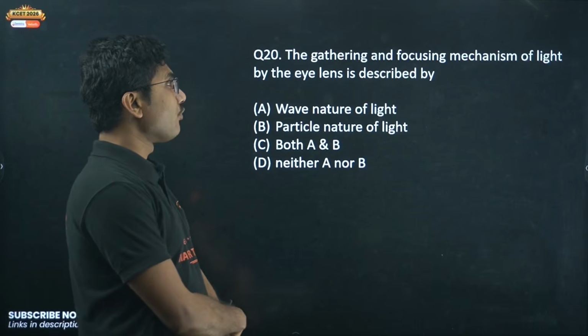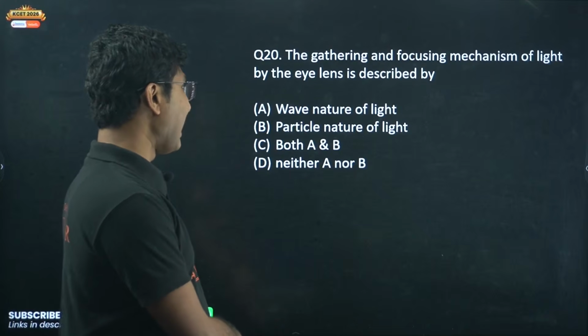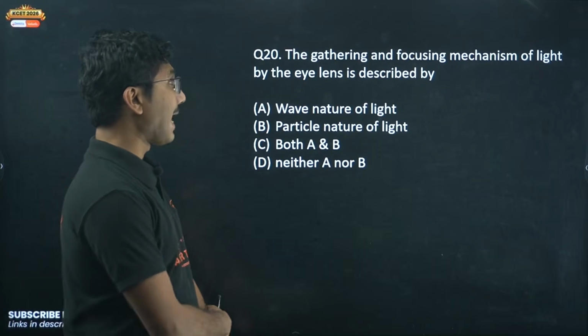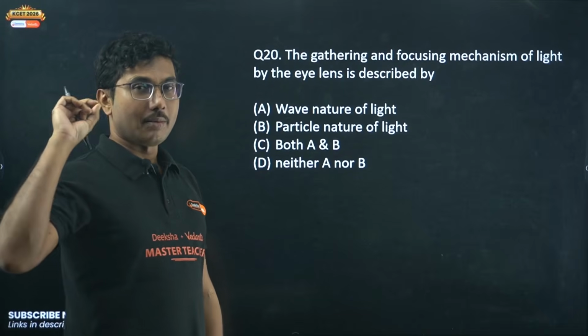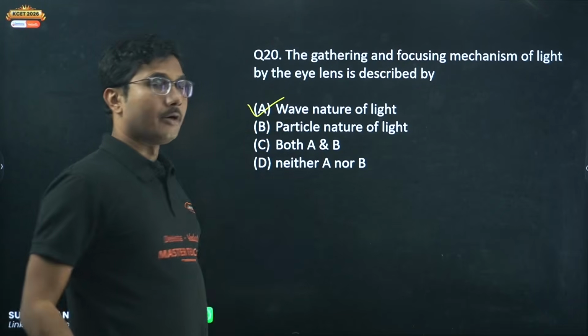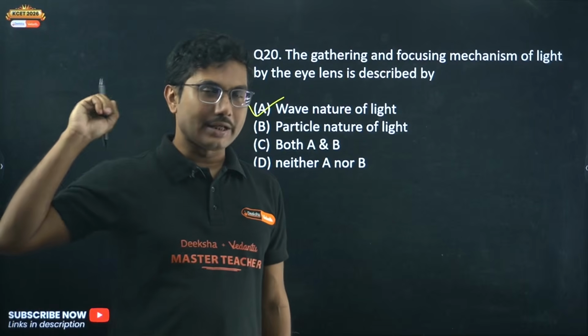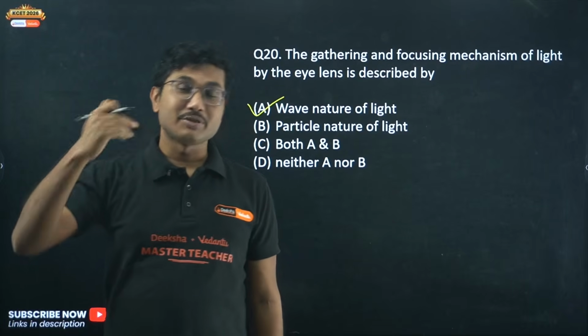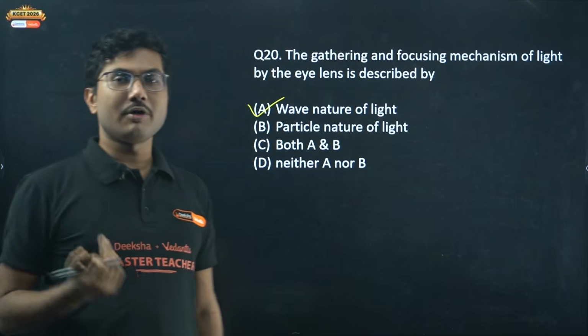The gathering and focusing mechanism of light by the eye lens is described by the wave nature of light, while absorbing and transmitting the information happens by the particle nature.